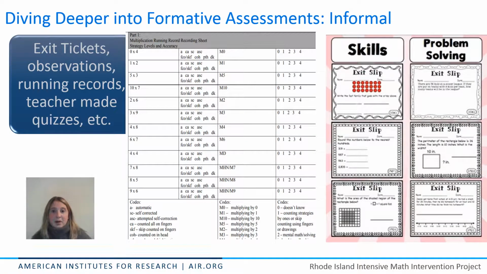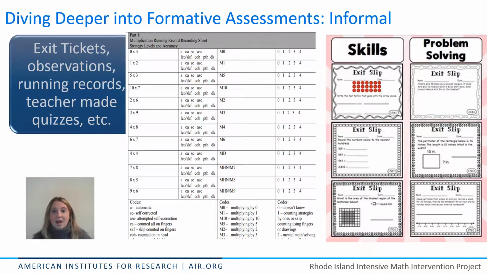Diving a little bit deeper into formative assessments, on this slide we're specifically looking at informal formative assessments. These can be used to help teachers quickly determine what to teach and help in the selection of appropriate instructional strategies and supports. These are often mastery measures of proficiency of a specific skill rather than global indicators.